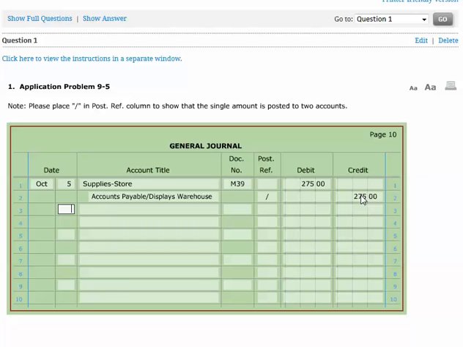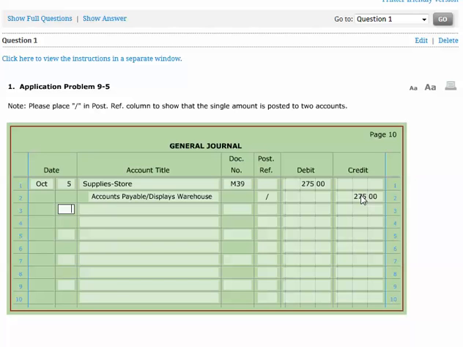This is really the only difference in 9.5. All these transactions are the same as what you've seen before over and over. However, whenever you use accounts payable or accounts receivable in the general journal, you use that slash, and it goes into two different locations when we post in a later chapter.